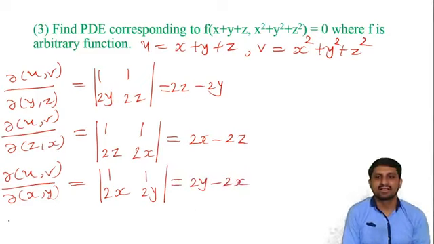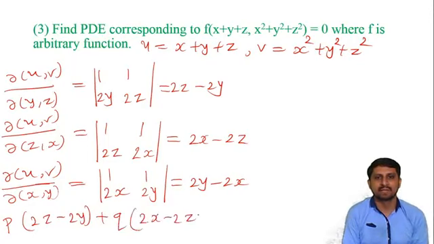So the final answer is P into 2z minus 2y plus q into 2x minus 2z is equal to 2y minus 2x.